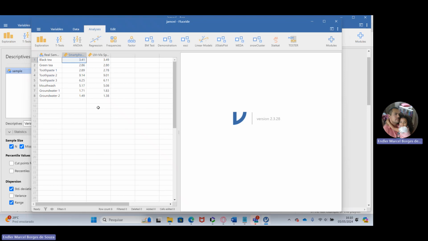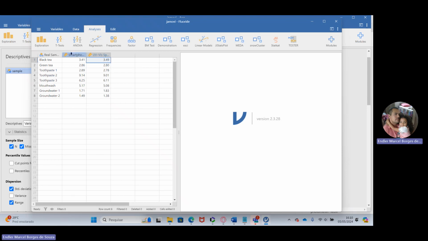It is a colorimetric assay, and they used a smartphone instead of a spectrophotometer. The question that we have to answer is: were the two methods equivalent? Can I use a smartphone to determine the fluoride concentration with the same reliability that I can do it using a spectrophotometer?